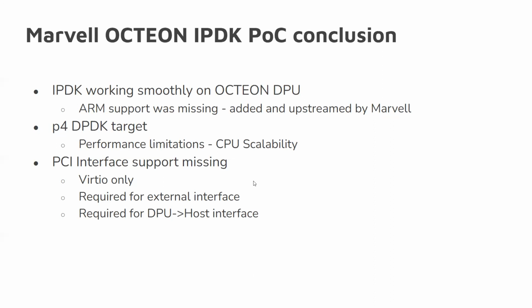We found that the P4 DPDK target has some performance limitations, in particular with CPU scalability, as currently only one core is supported. And as mentioned before, PCI devices cannot be added and only virtio is supported. And this is very mandatory for Marvell as all our interfaces are PCI type.